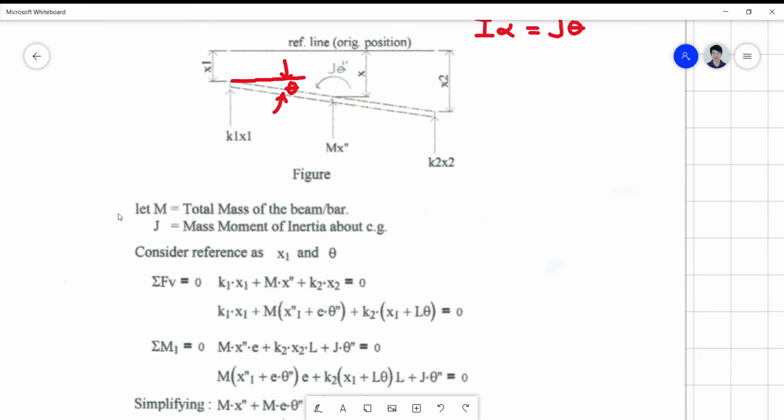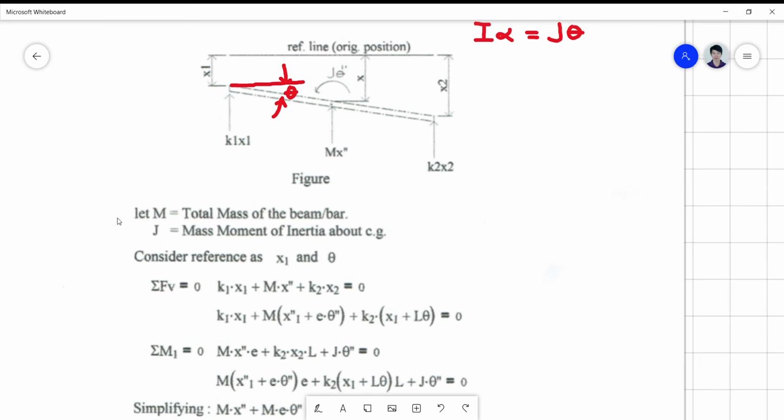You can refer it to any point, but of course for simplicity of moment summation, we refer it to one support so that one force here will be cancelled.